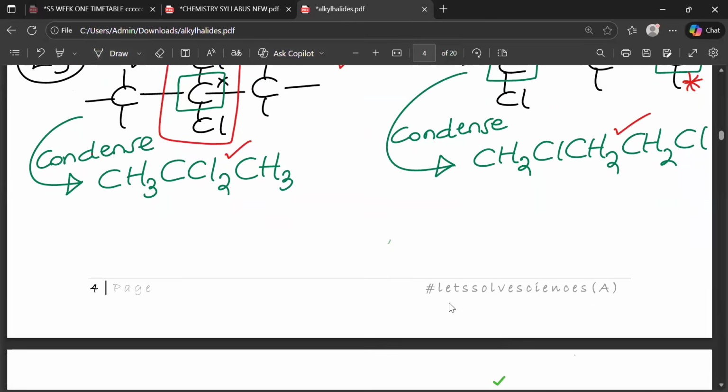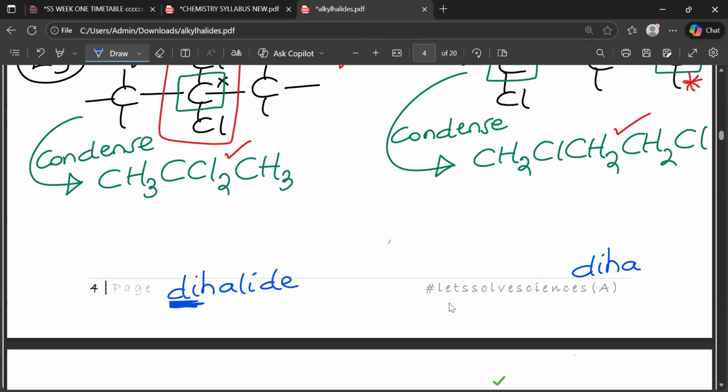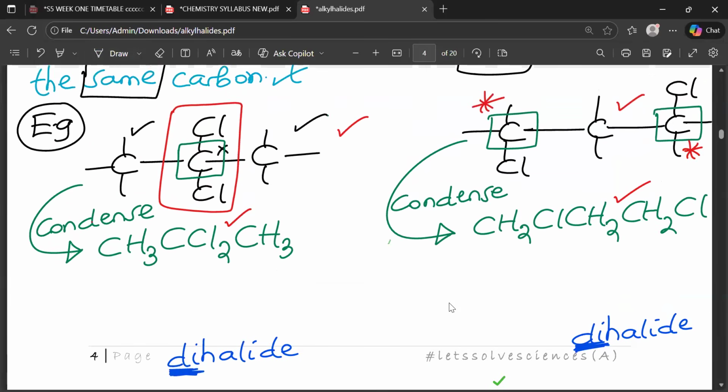You are all aware that this one is called a dihalide. The first one is a dihalide because the X's are 2, the Cls are 2. Even this one is also a dihalide, because still they are 2. But where is the difference? For the first one, they're on the same carbon. For the second one, they're on different carbons, as you can see.